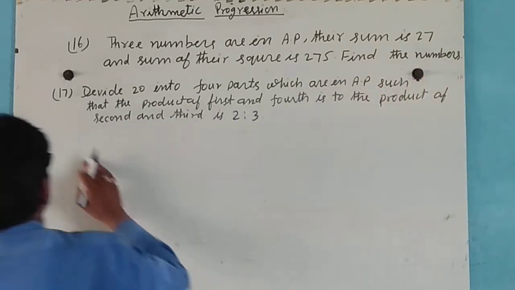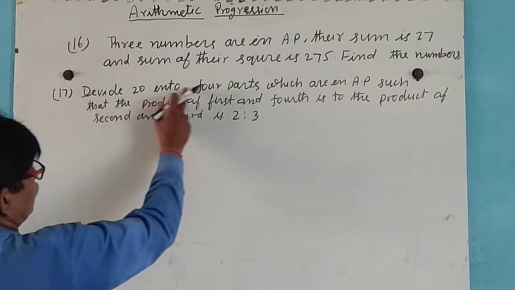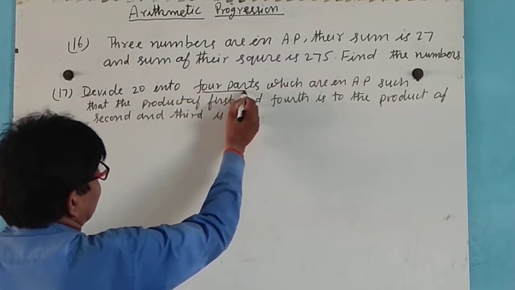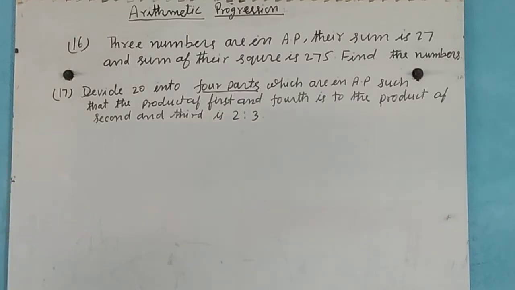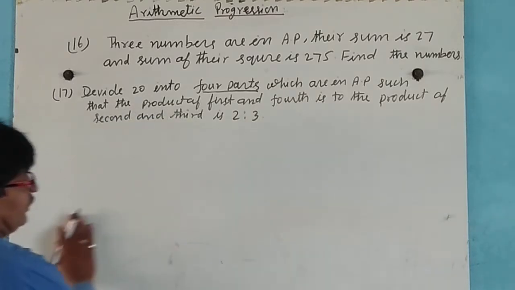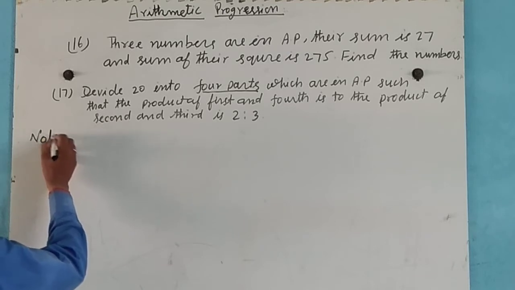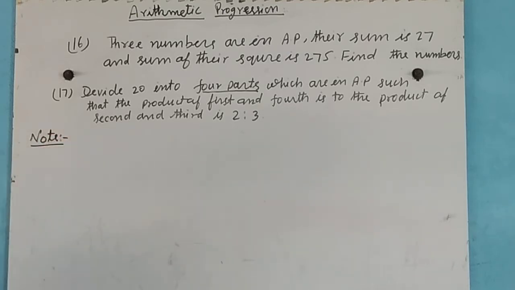Or question number 17, divide 20 into four parts which are in AP such that the product of the first and fourth is to the product of the second and third is... Now here we take a note.